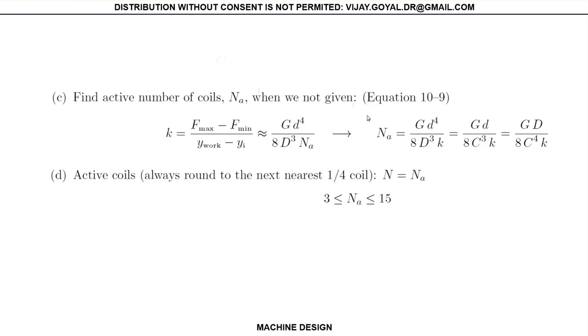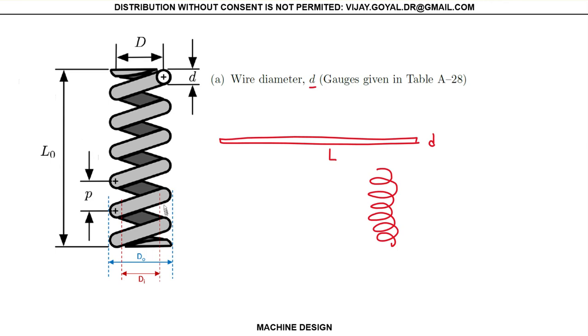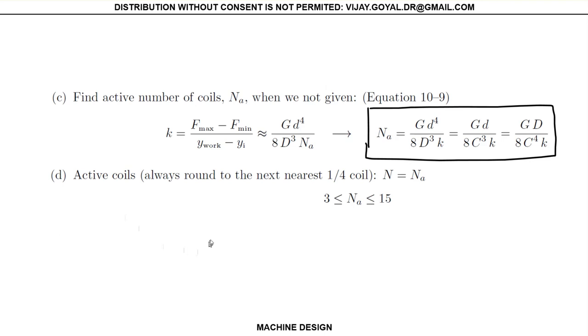And that's important because you can have the whole spring, you can have lots of coils, and you count this, right? 1 coil, 2 coils, 3 coils, 4, 5, 6 coils. So those are the number of coils, okay? So how do you find that? Just keep in mind that you want to bring this to the nearest 1/4, and the number of coils has to be between 3 and 15 in your design.